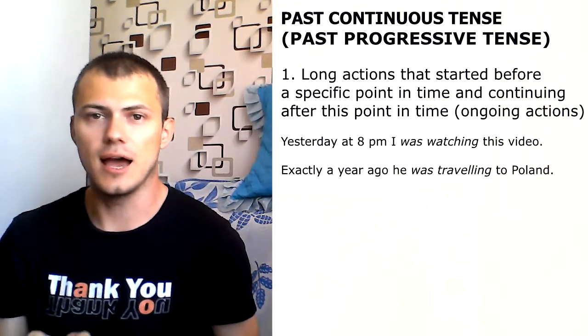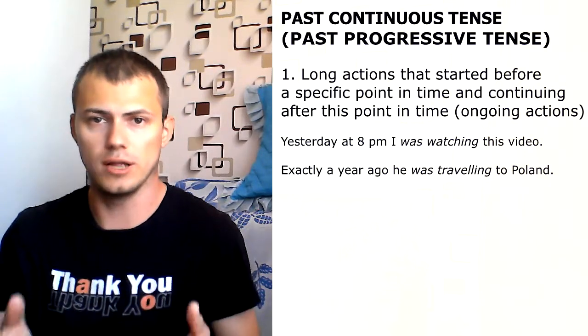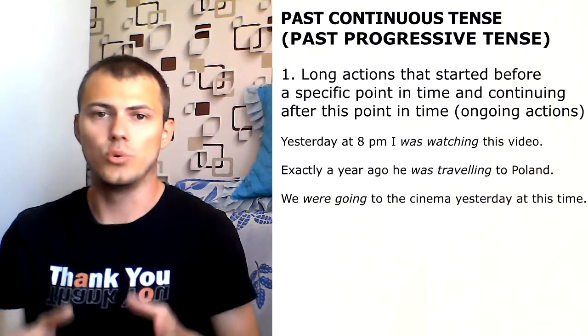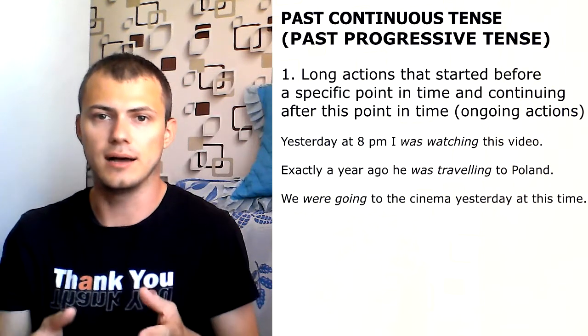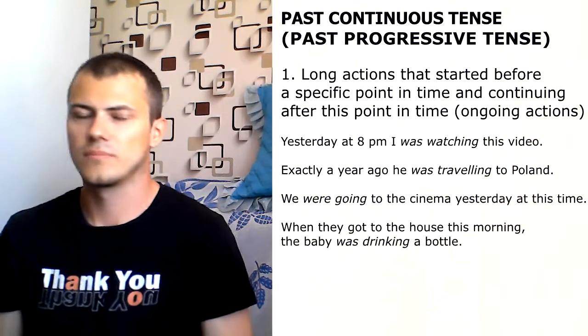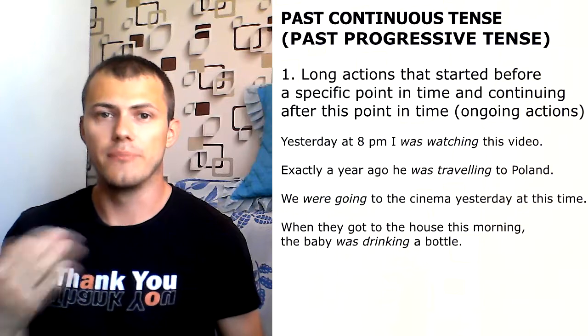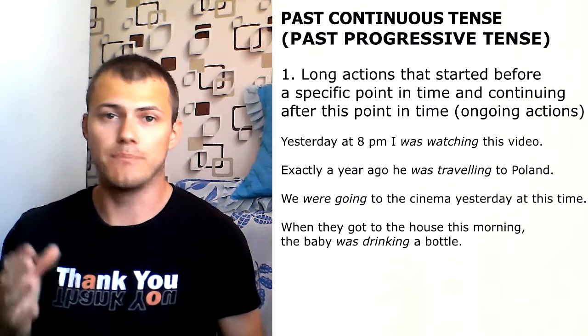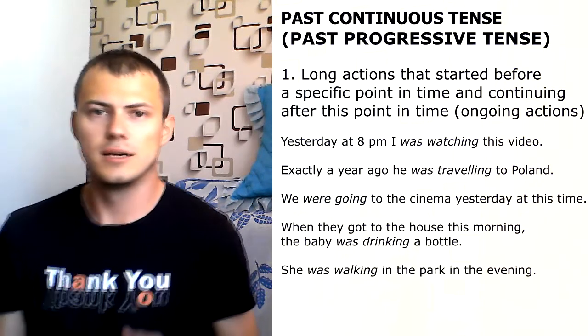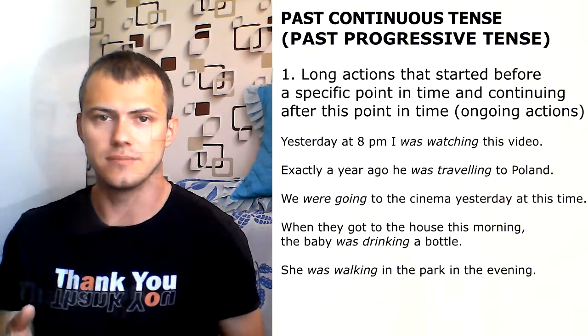Exactly a year ago, he was traveling to Poland. We were going to the cinema yesterday at this time. When they got to the house this morning, the baby was drinking a bottle. She was walking in the park in the evening.